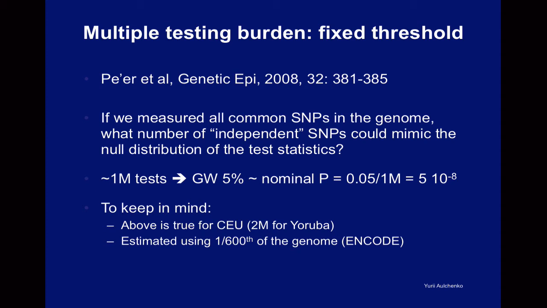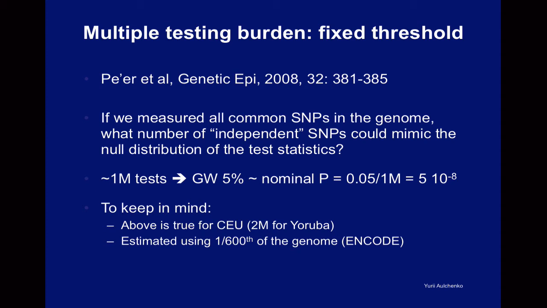So that would be 5% divided by 1 million, which is 5 by 10 to the minus 8. So if in your genome-wide association study you obtain association with p-value which is less than 5 by 10 to the minus 8, you may consider this result significant, and this should correspond to type 1 error of 5%.